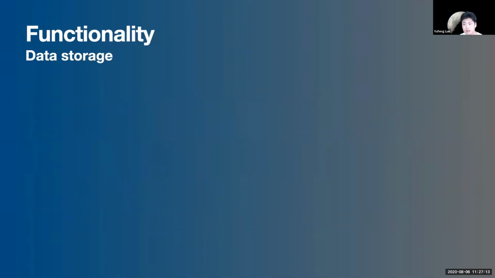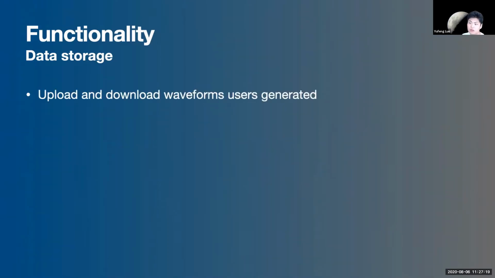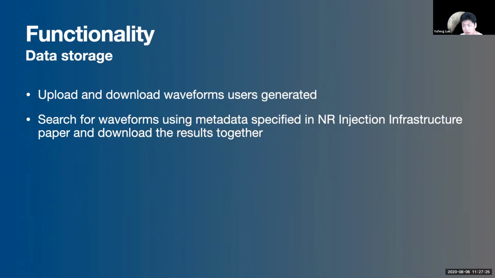I will talk about the functionalities of Data Vault in basically two separate components. The first one is the data storage. The most important thing is that we want to upload and download waveforms that users generated. We also want to search the waveforms using the metadata specified in the NR injection infrastructure paper, the LIGO format.